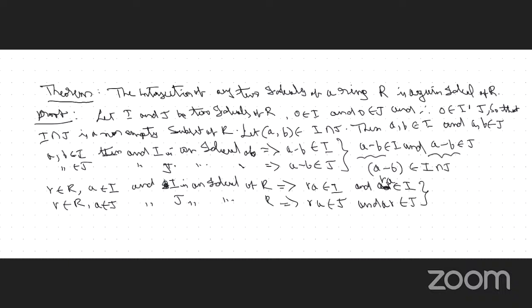We can write ra belongs to I intersection J, and similarly ar belongs to I intersection J. So by the definition of ideal, I intersection J is an ideal of R. Now this completes the proof. Hence proved.